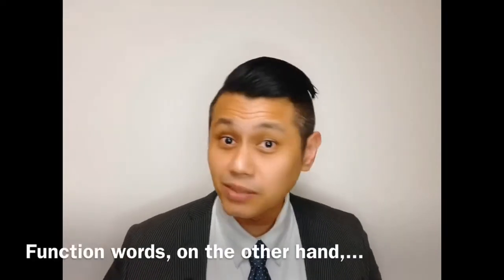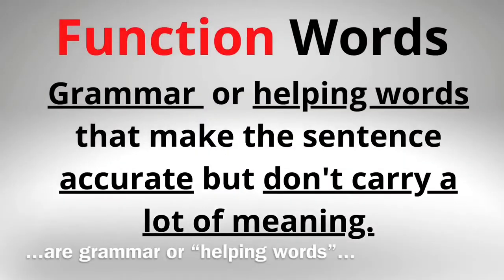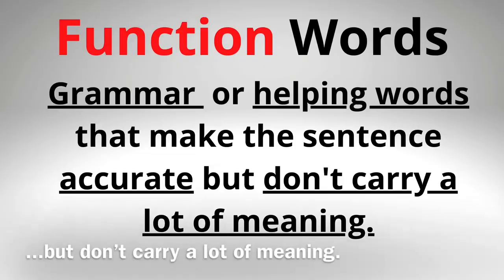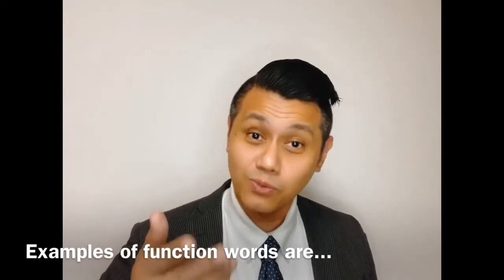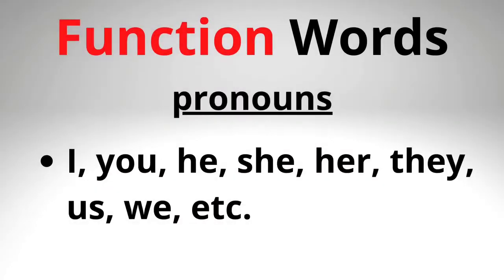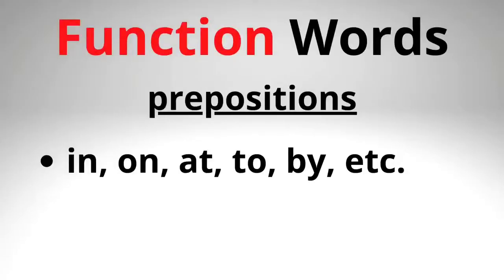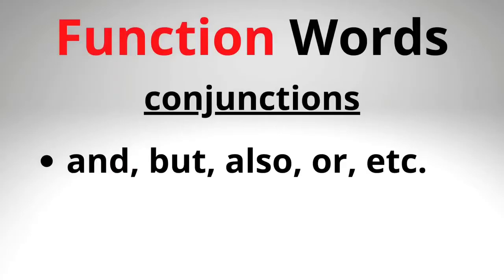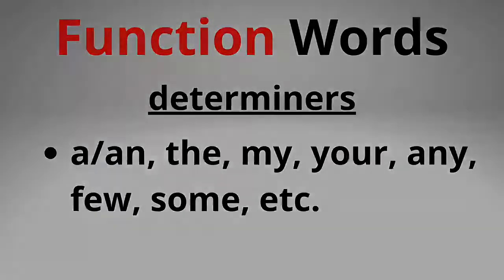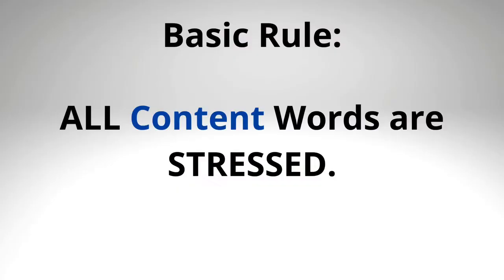Function words, on the other hand, are grammar or helping words that make sentences accurate but don't carry a lot of meaning. Examples of function words are auxiliary verbs, pronouns, prepositions, conjunctions, modal verbs, and determiners. As a basic rule, all content words are stressed.